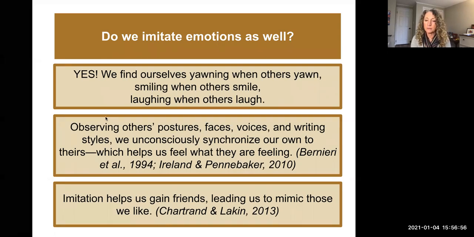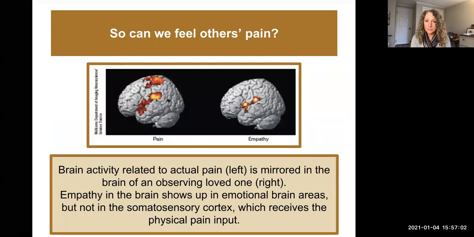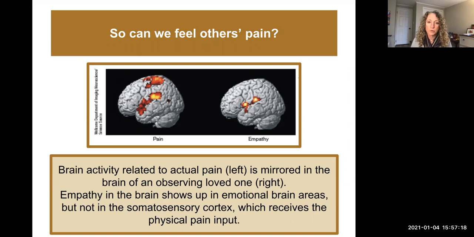Imitation helps us gain friends, leading us to mimic those we like. Here's an example of empathy, if you know the word empathy. Empathy is not sympathy. It's where you are actually feeling and understanding the pain or the emotions or the experiences of another person.